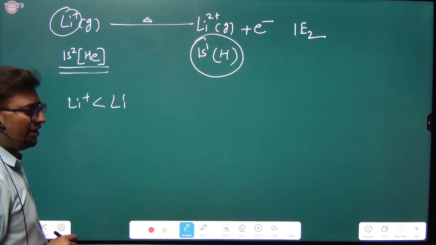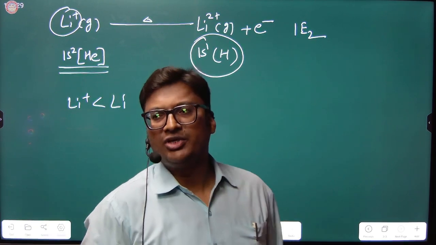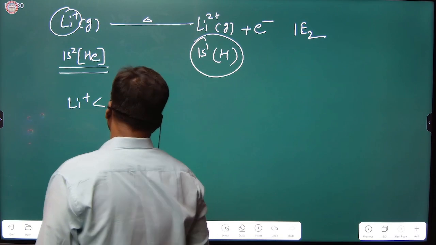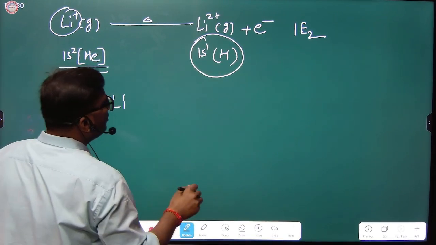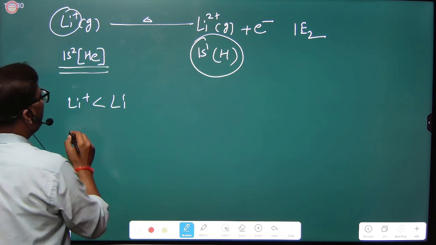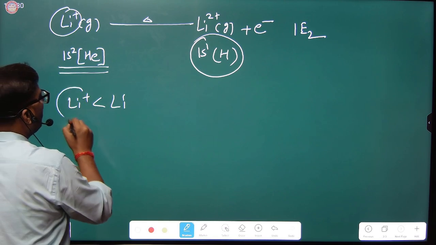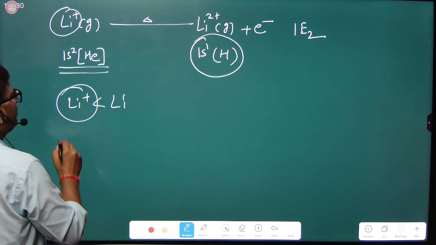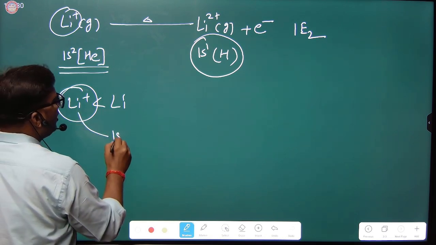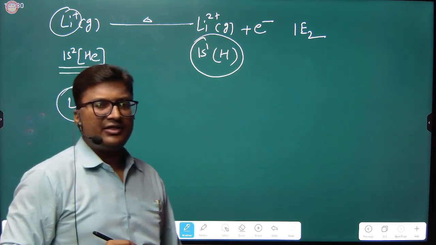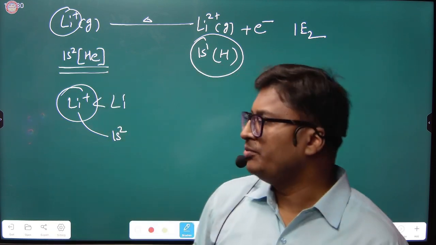So Li+ is smaller than Li, right? The increased positive charge on the nucleus will tightly bind the closed shell electrons. It means a high positive charge density, so that will bind the 1s2 electrons so strongly that they cannot be removed easily.